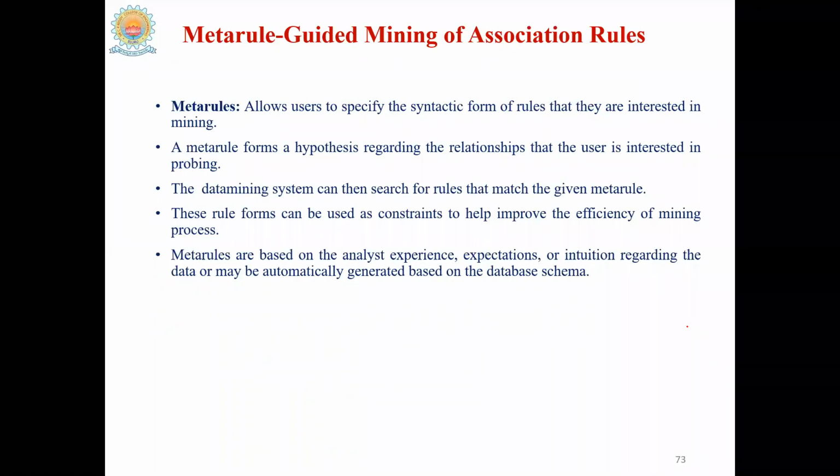Meta rules allow us to specify the syntactic form of rules that we are interested in mining. Meta rules form a hypothesis regarding the relationships that the user is interested in probing. So this is all about the meta rule.